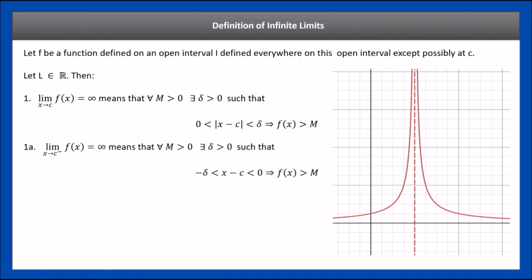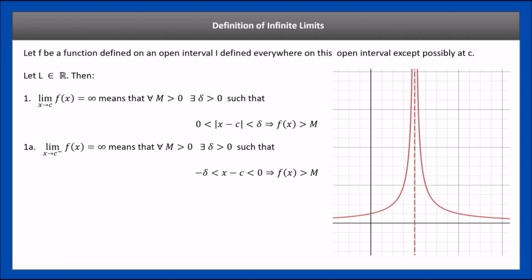All right, so here we go. Infinite limits. So let f be a function defined on an open interval I, defined everywhere on this open interval except possibly at c, just like usual, right? Now let L be a real number.